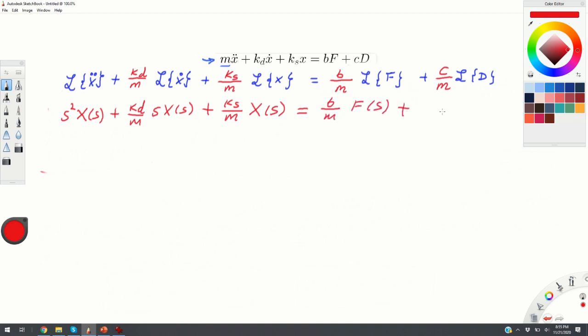Now, from this equation, we can see that x of s can be taken out of these three expressions and can be represented as something that looks like this.